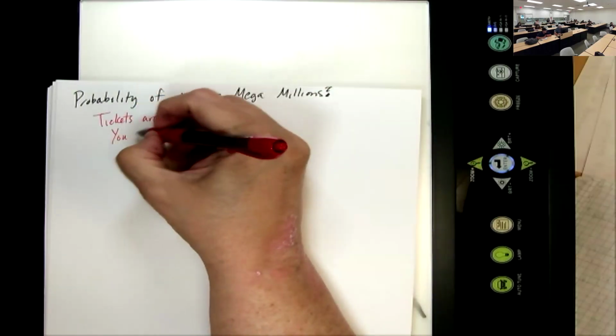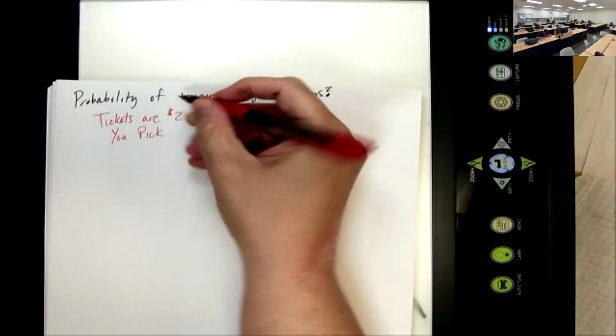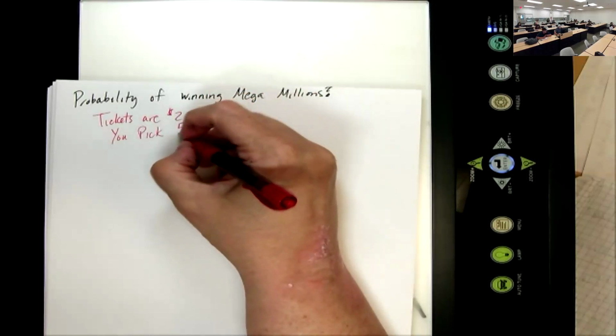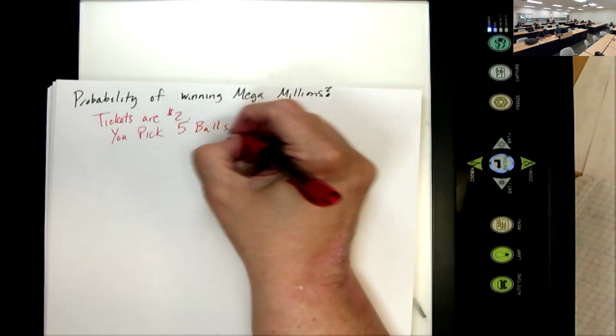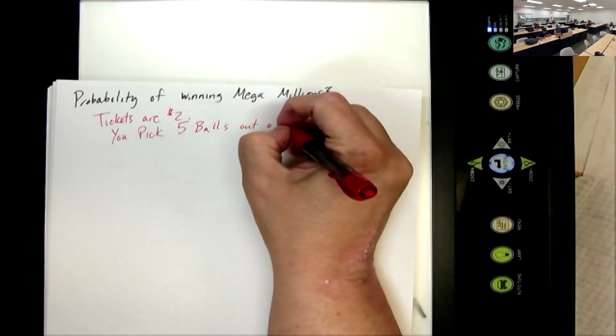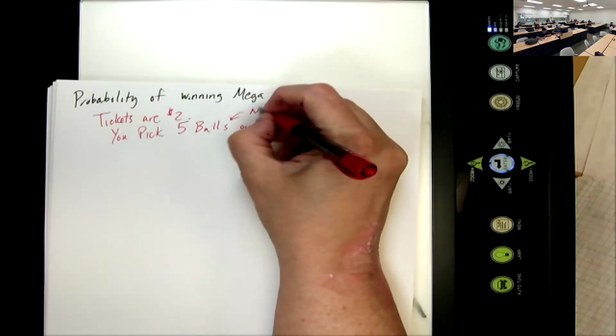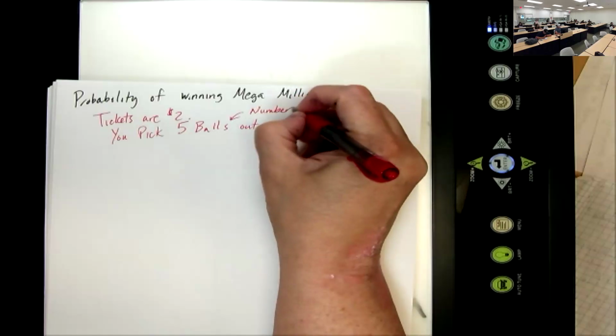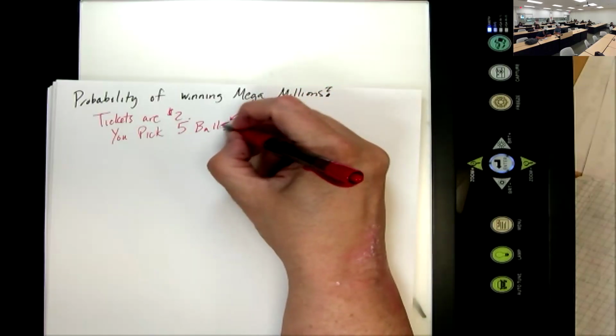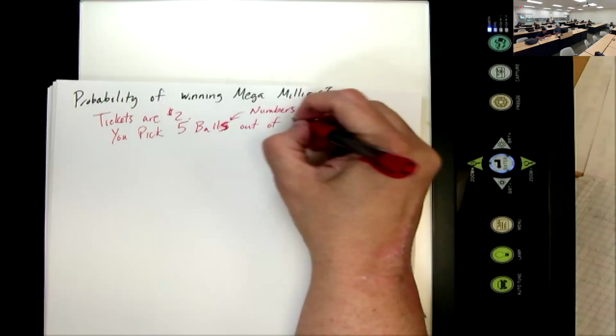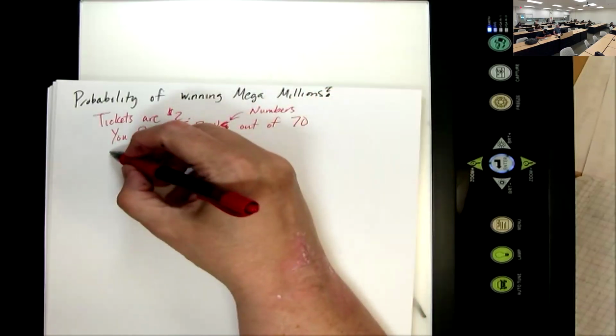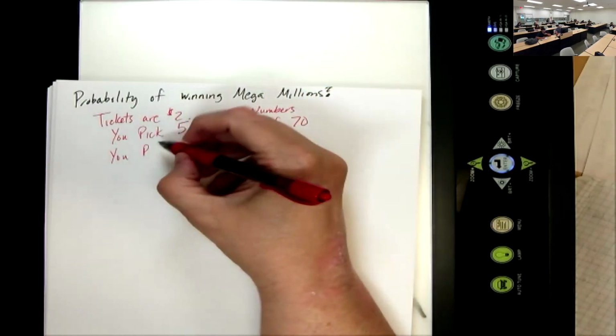You pick 5 balls out of 70, or numbers. You're actually picking numbers, but they use the balls to randomize it. And you pick one number out of 25, that's the mega number.